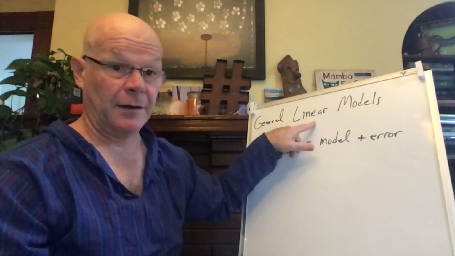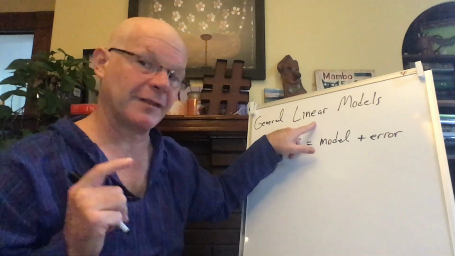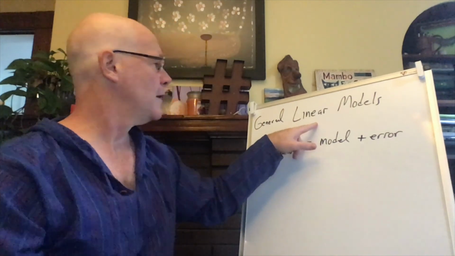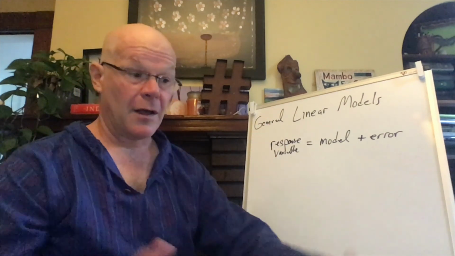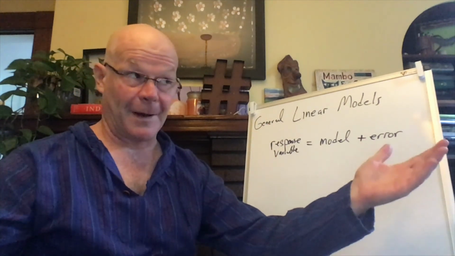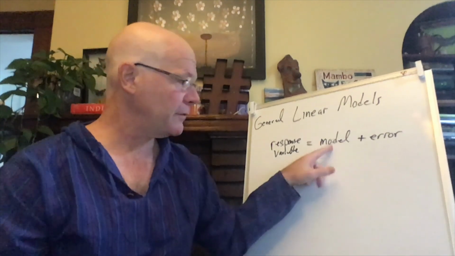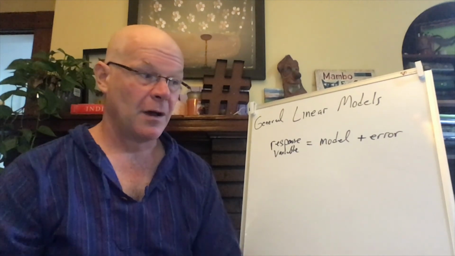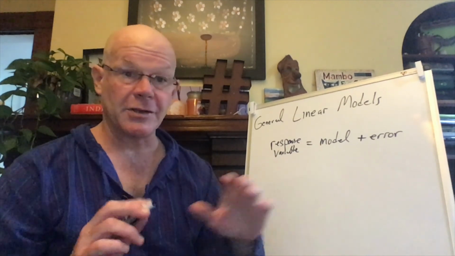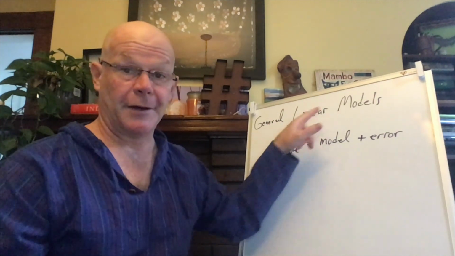They are called linear. Why? Because no parameter is multiplied by another parameter, and no parameter serves as an exponent to another parameter. And then they are called general. Why? Because they are pretty general. How's that for helpful? Because they can accept both continuous predictors in the model, they can accept categorical predictors in the model, and they can accept a combination of those in the model. And that's why they're called general linear models.